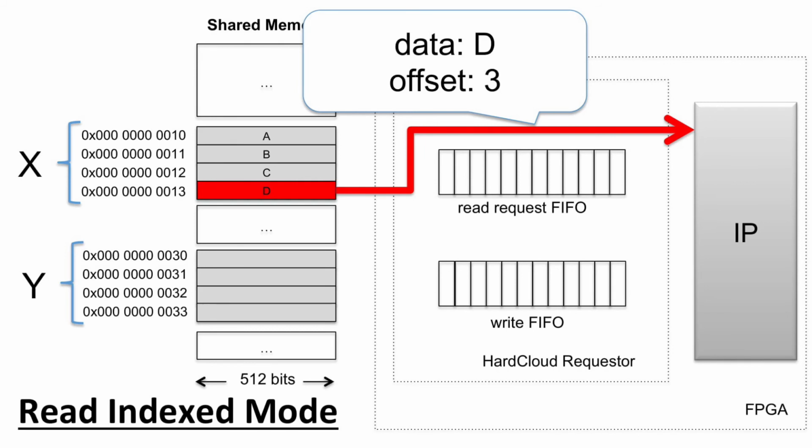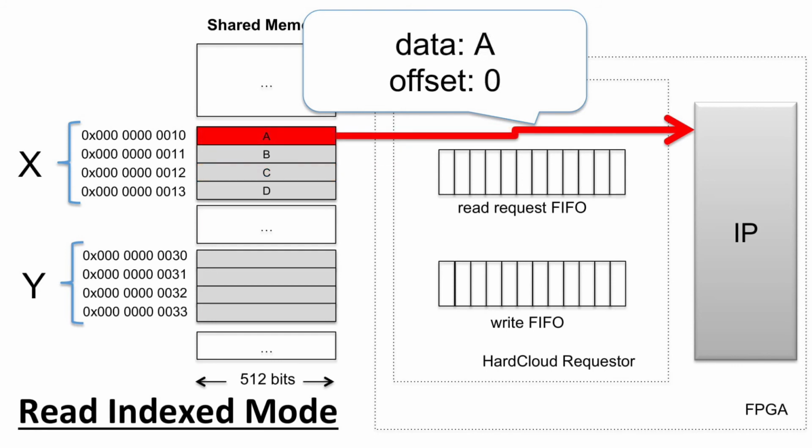The data is delivered in the same order requested. After several clock cycles, the data D from offset 3 is delivered to the IP. After that, the data C as expected, and last data A.